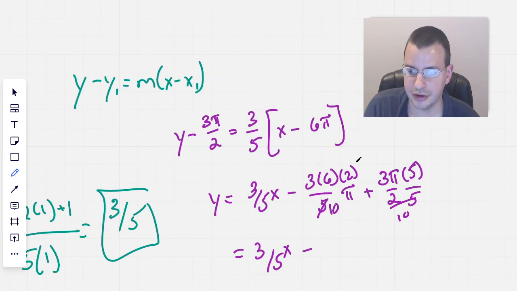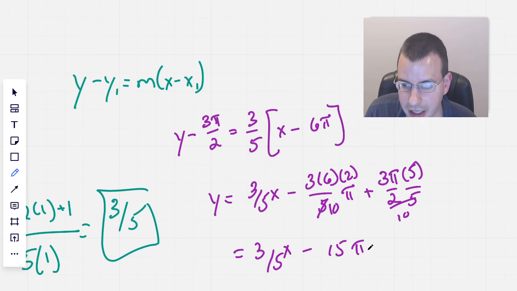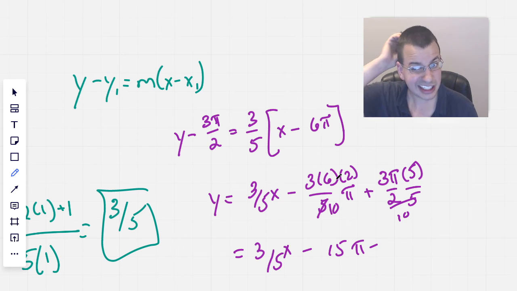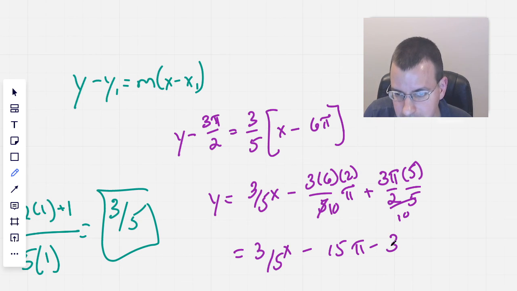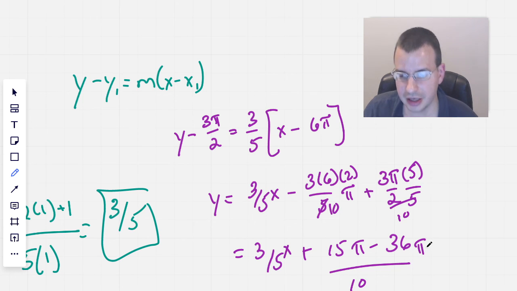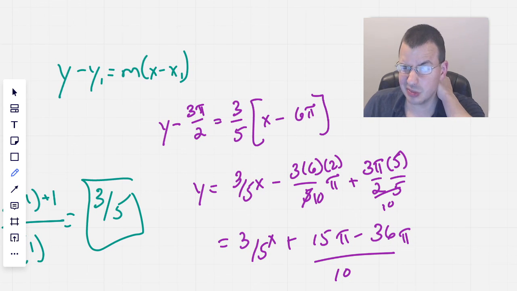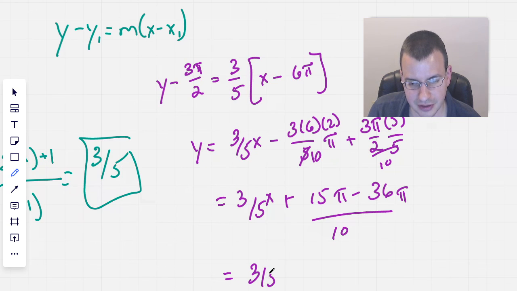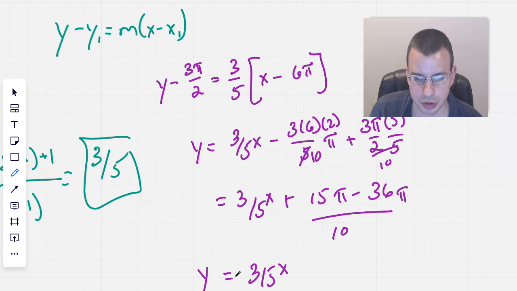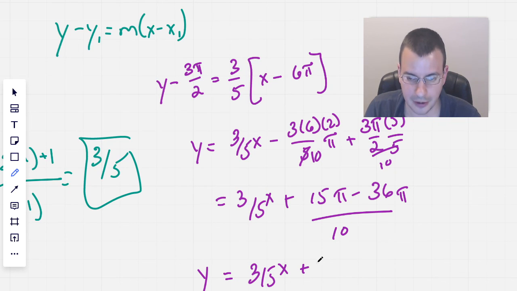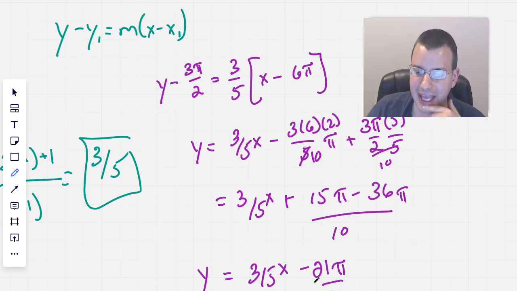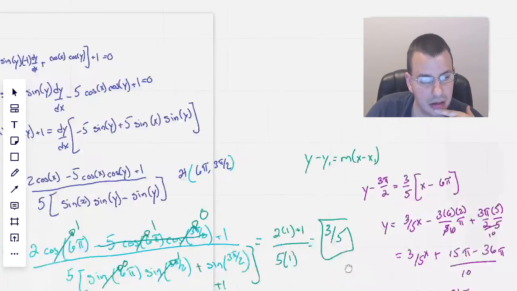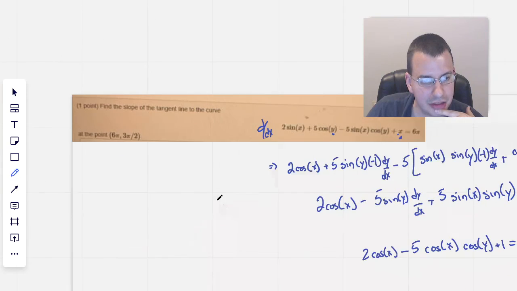So we have 15π minus 2 times 3 is 6, 6 times 6 is 36, so 36π, plus 15π, that's 21π over 10. So y equals 3/5 x minus 21π over 10, maybe.